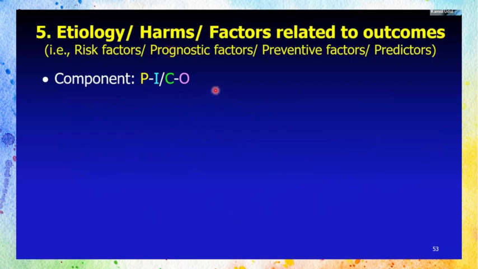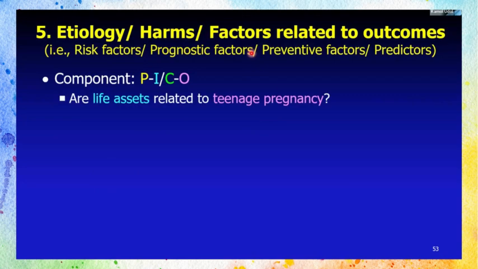The fifth one, question regarding the etiology or harms or factors related to outcome. For example, are life assets related to teenage pregnancy? This is a very short research question, and it may be difficult initially to determine which category it belongs to. But if you consider it carefully, you can say that it's the factors related to outcome.